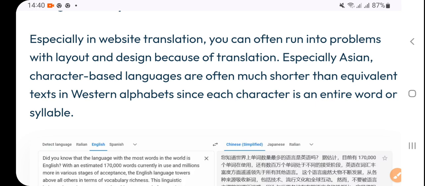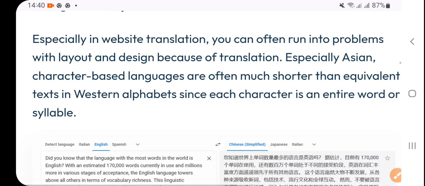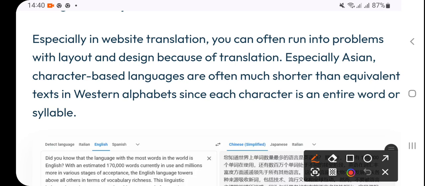you can often run into problems with layout and design because of translation. Especially Asian character-based languages are often much shorter than equivalent text in Western alphabets, since each character is an entire word or syllable, right? So that is a big challenge in website translation.